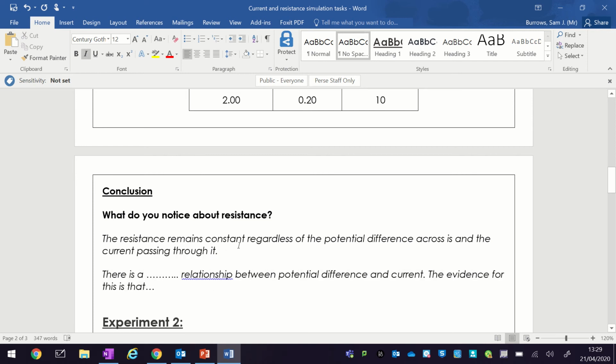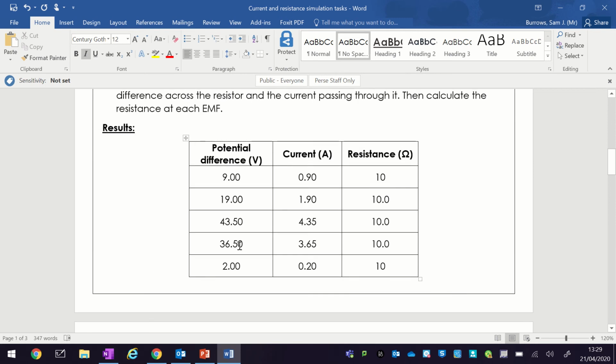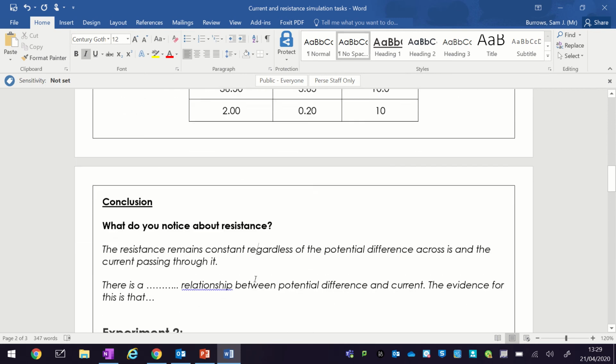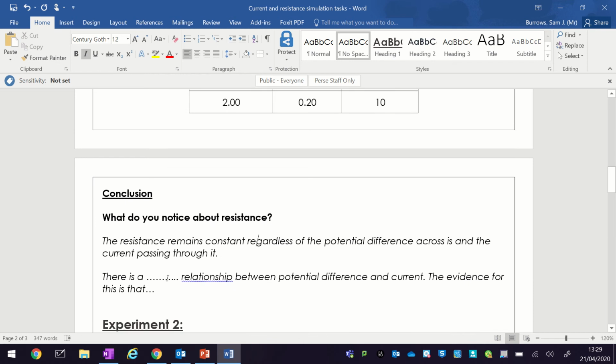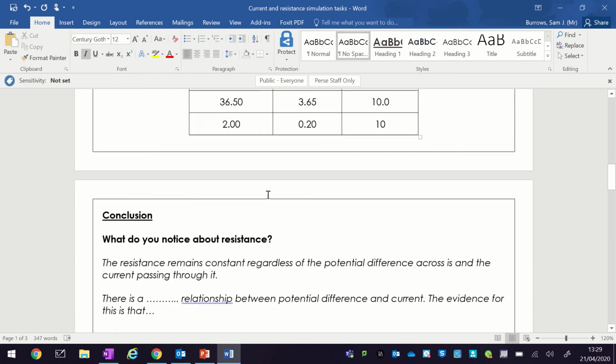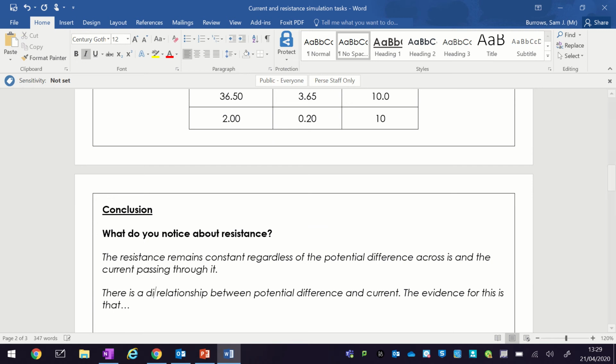This is what we find for a fixed resistor. There are other components like diodes and light bulbs where that wouldn't be true, but this one is true for a fixed resistor. And the relationship we can see is what we'd call a directly proportional relationship. Okay, so that's what I'm seeing. It's directly proportional.